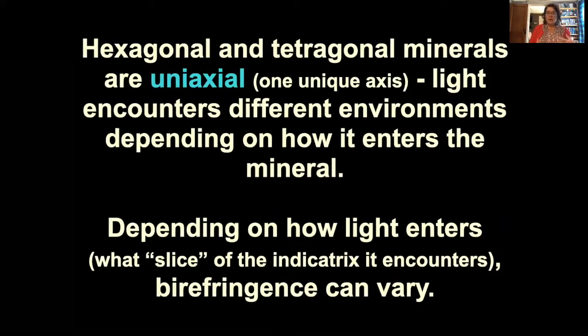In a uniaxial mineral, light encounters different environments depending on how it enters the mineral, and birefringence can actually vary in uniaxial minerals. We'll talk about biaxial minerals, which are the other kinds of crystal systems, in another video.